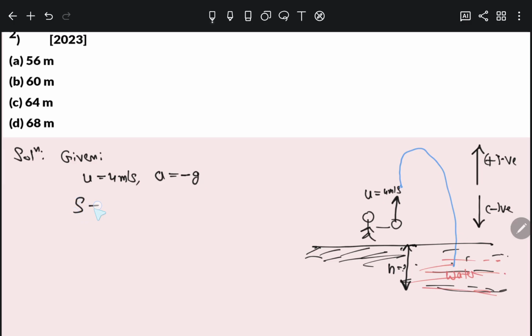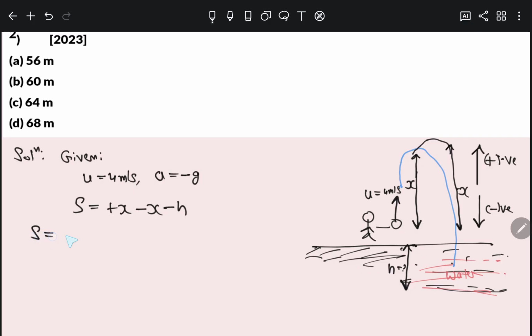For displacement, first the ball goes upwards by plus x, then returns back by minus x, and then goes downward by minus h.